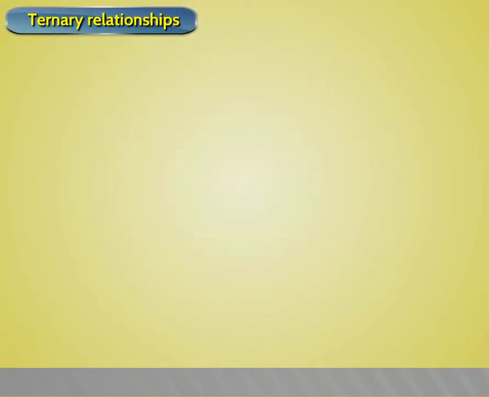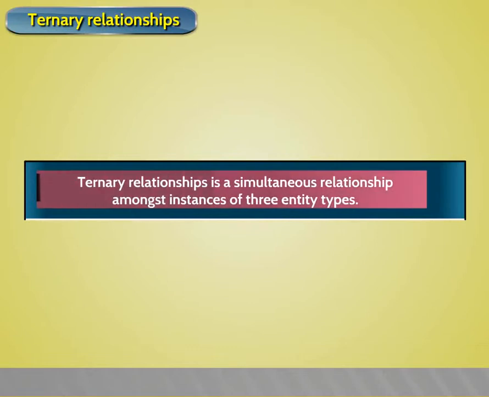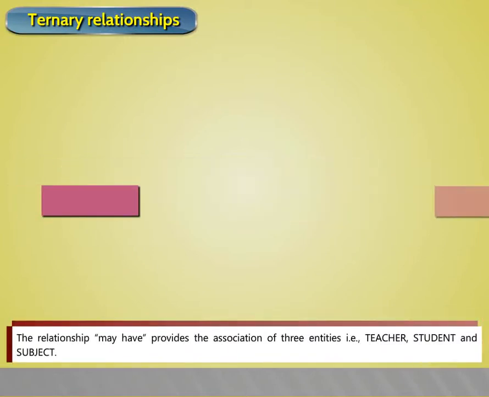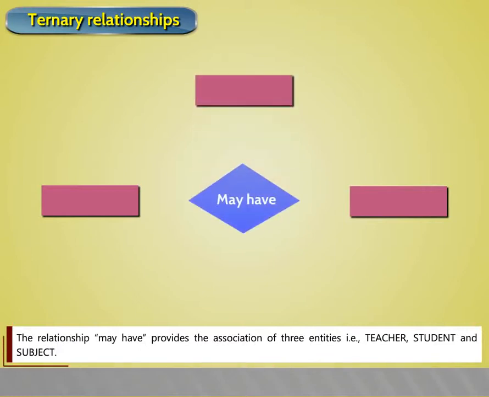Ternary relationships. Ternary relationship is a simultaneous relationship amongst instances of three entity types. The relationship provides the association of three entities, that is teacher, student, and subject.